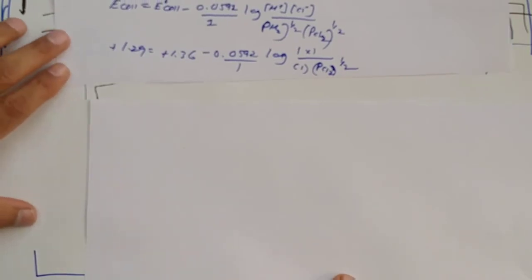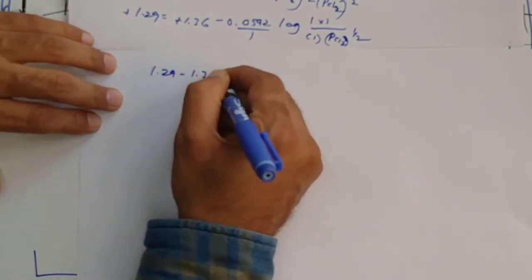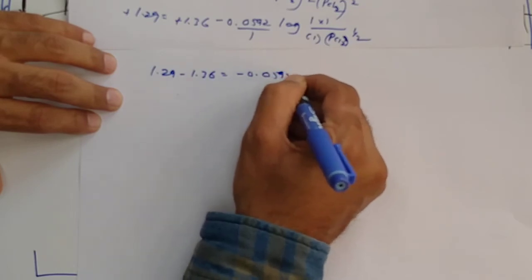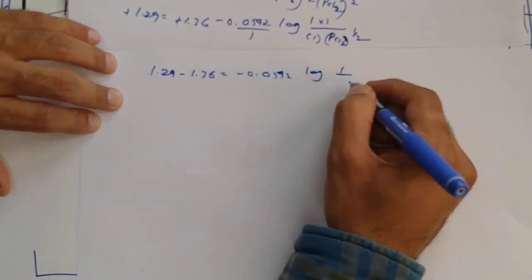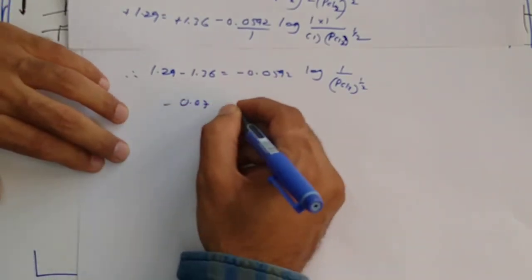So here, what happens? 1.29 minus 1.36. So log 1 upon the pressure of chlorine raised to 1 half. 1.29 minus 1.36 is minus 0.07.